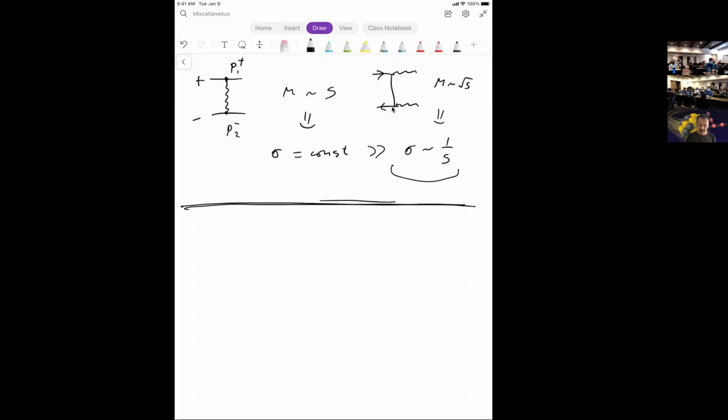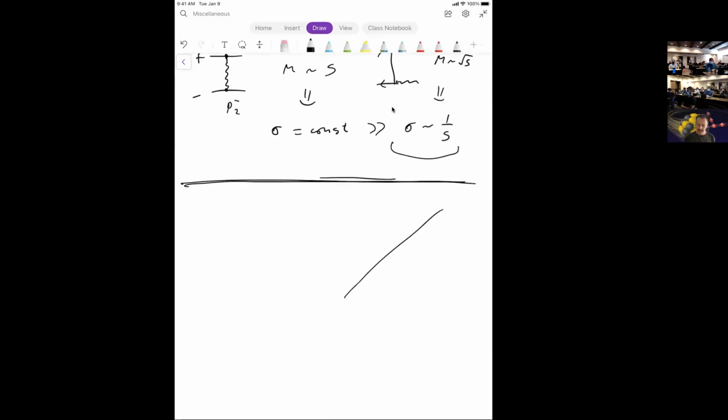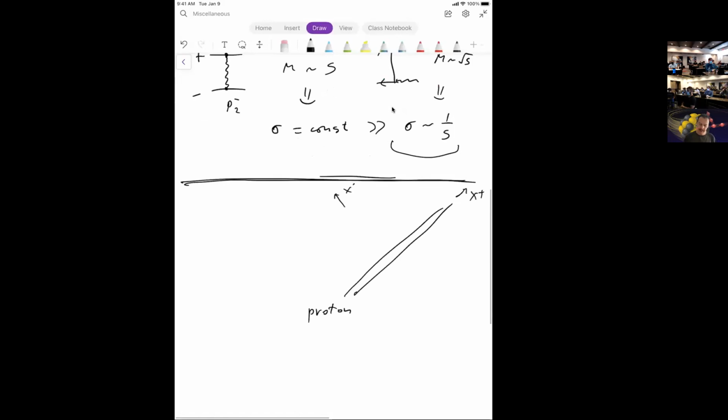So for instance, if we have this scattering we're talking about, this is the x plus direction. This is the proton. This is the x minus direction, and here comes the virtual photon, which splits into a quark-antiquark pair, which lives a long time in the minus direction, as I just argued, right?